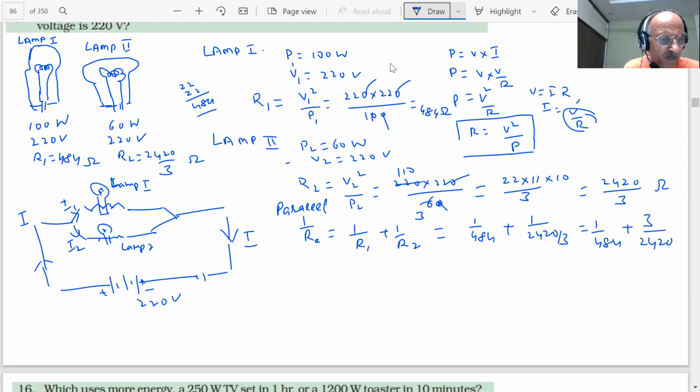Find this value. Find the value of R effective, students. How much will it come? I will have to find this R effective, students. You have 1 to 2 minutes to do the calculation.